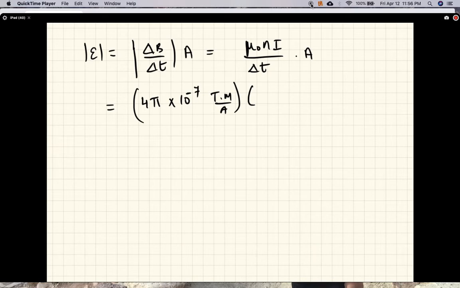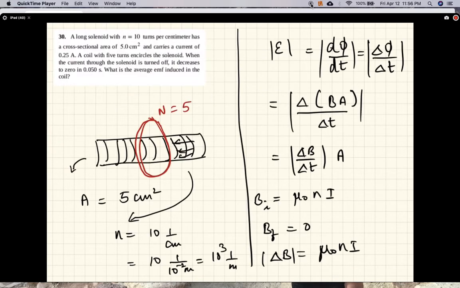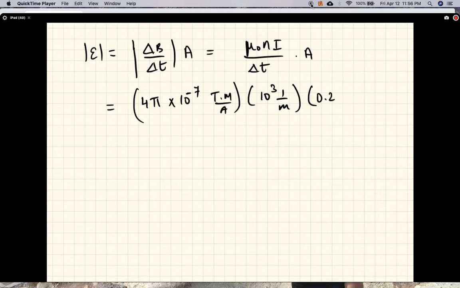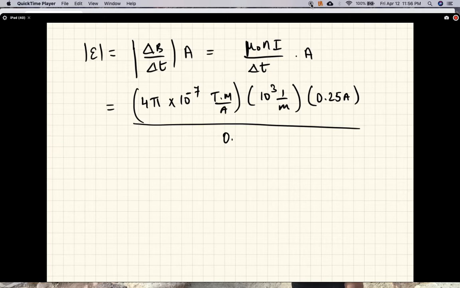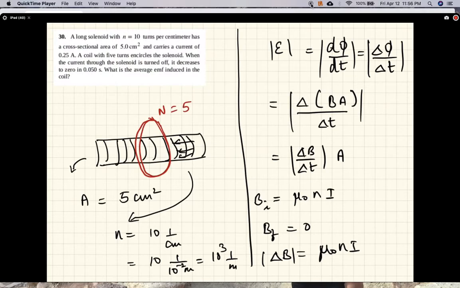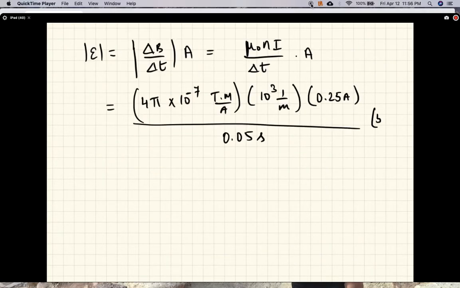N is, we saw, 1,000 turns per meter. I is 0.25 amps, so the current goes from 0.25 amps to 0 in what time? 0.05 seconds, 50 milliseconds. And the area of cross section of the solenoid is 5 centimeters square, and we convert that to meter square, and that's that many meters square.